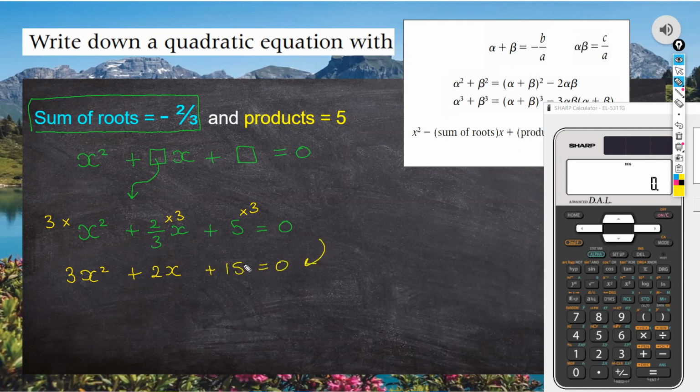This is the one CXC will want to see. They will not want to see the green one, right? Only 1 or 2 people forgot to change the sign for the middle. Some people had put negative 2 on 3 by mistake here. Remember, it's the opposite of it that goes next to the x. Right, so take down the working.